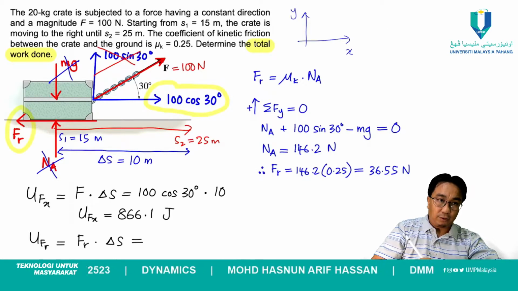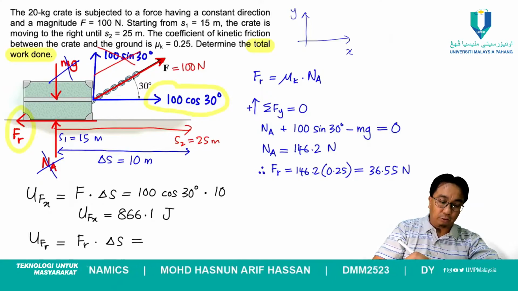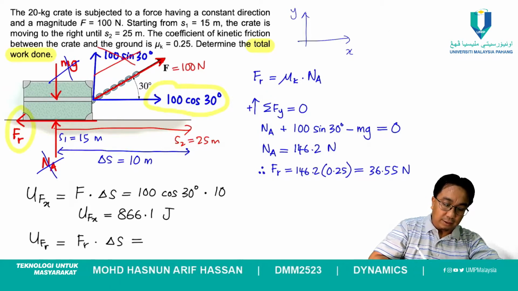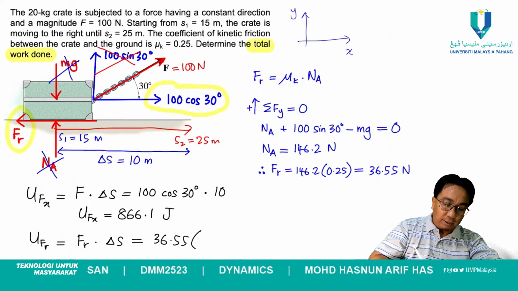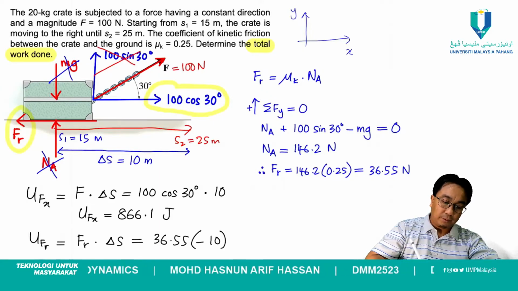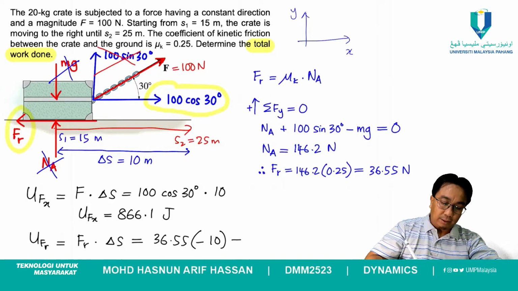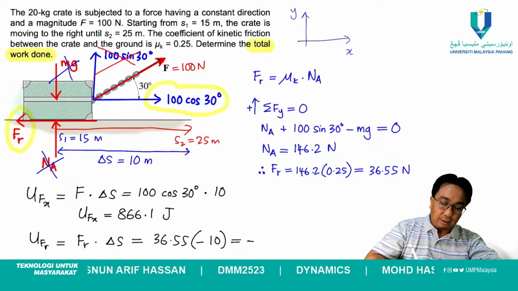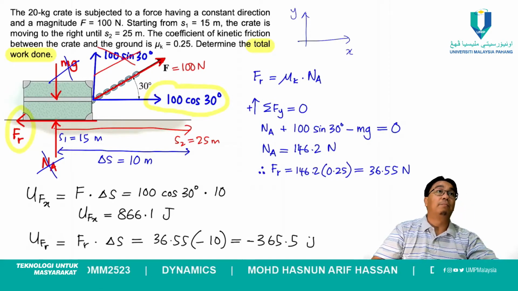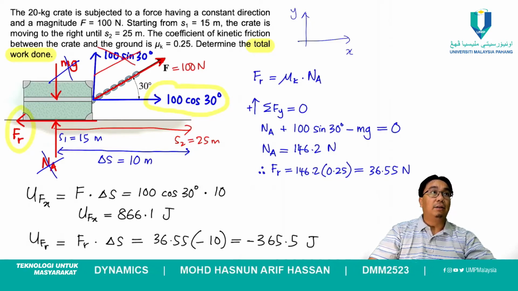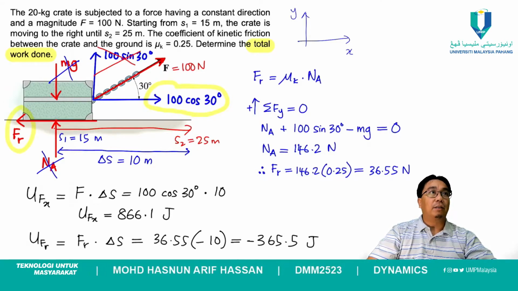The force is 36.55 multiplied with negative 10, so what you have is minus 365.5 joule. This is the work done by the friction force.